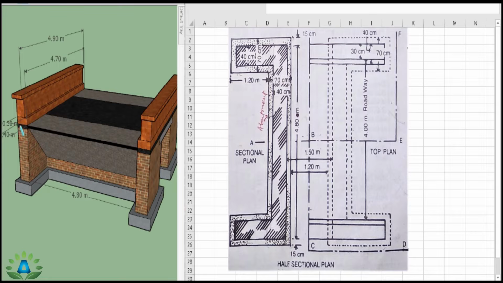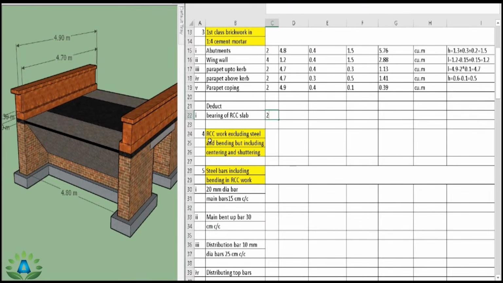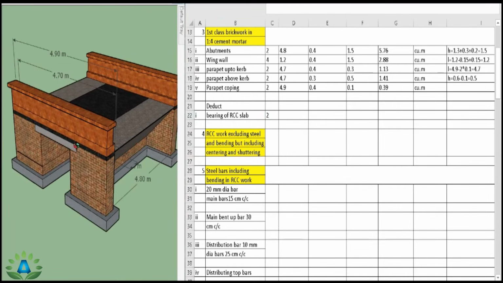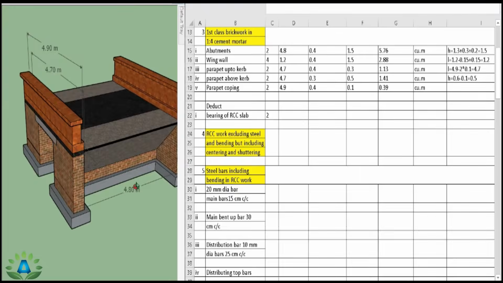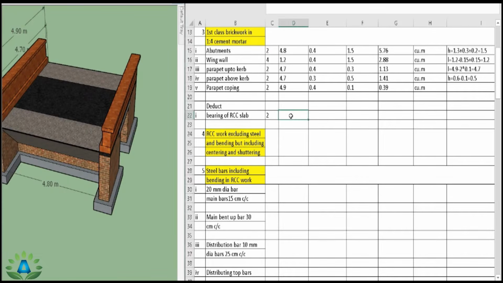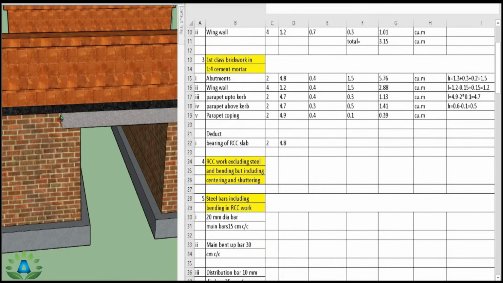That means from this side to this side we have the RCC slab. So we have two numbers of this RCC slab, from this side and from this side, having the length of 4.8 meter. So length equals 4.8 and the width is 0.3 meter, that means this portion, and the height is 0.2 meter, that means this 20 centimeter. So we get the total quantity 0.58 cubic meter.